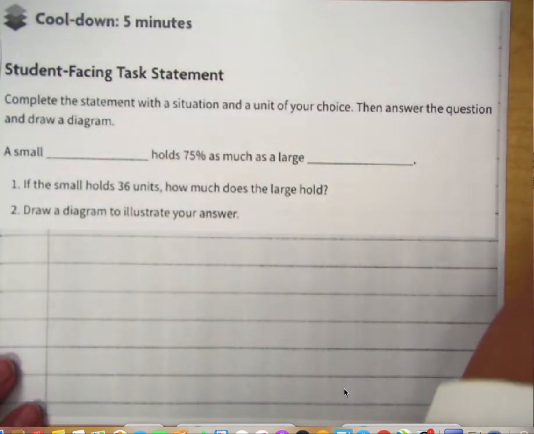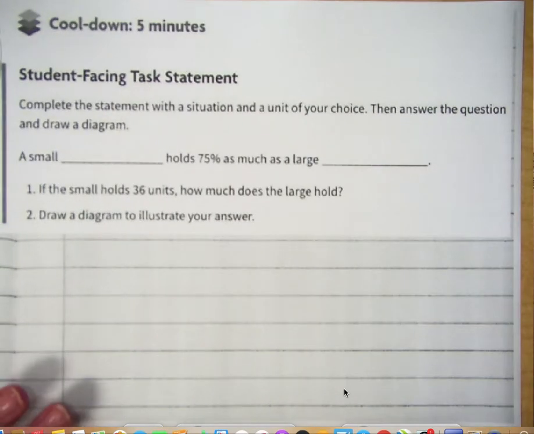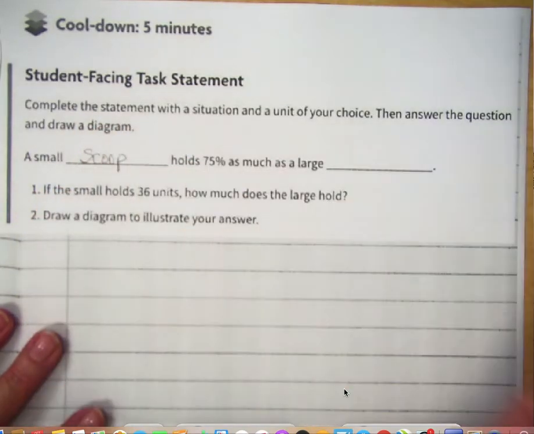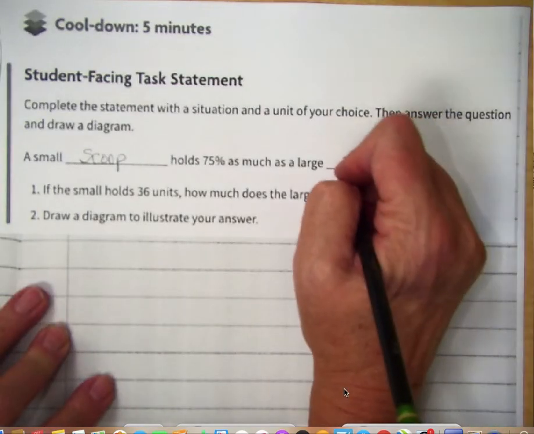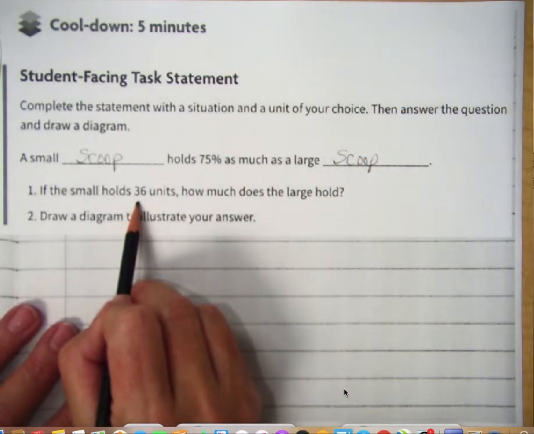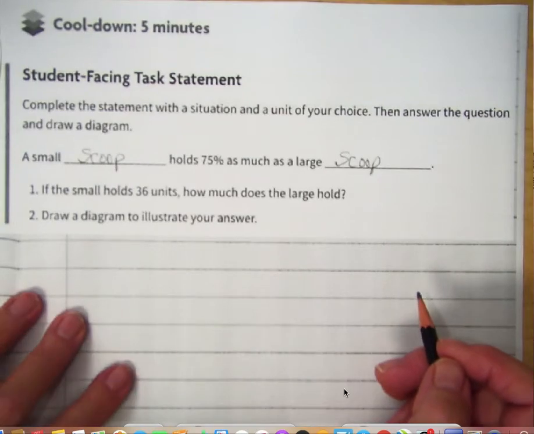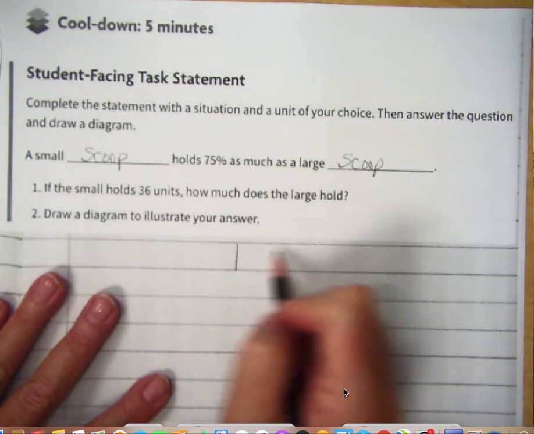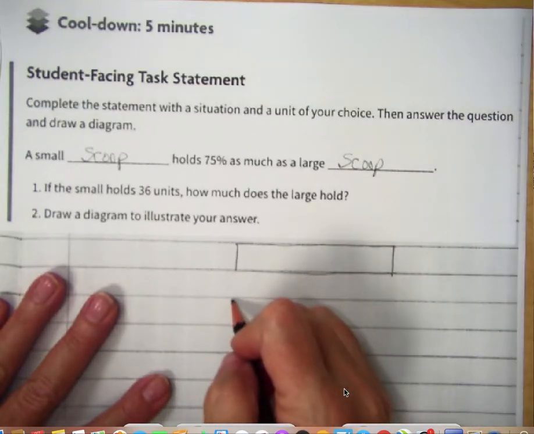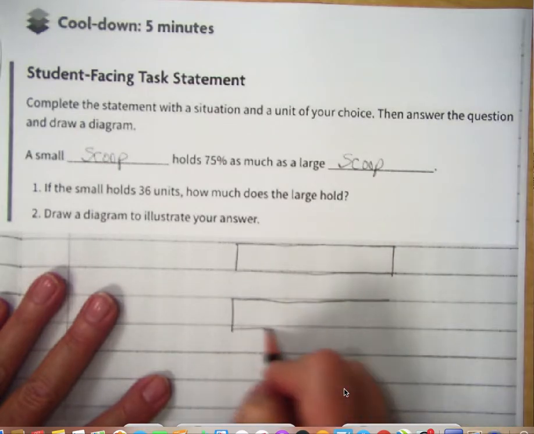Okay? So let's look at this. Complete the statement with a situation and a unit of your choice, then answer the question and draw a diagram. I'm going to use scoop because I've got my mind on ice cream. A small scoop holds 75% as much as a large scoop. Okay? If the small scoop holds 36 units, I first am going to draw a couple of rectangles.